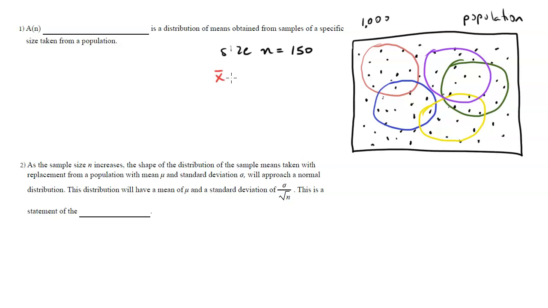So let's call it X bar 1, the mean of all 150 people, the mean amount of hours they spend per week on coursework. Let's say they spend 40 hours per week. And then the second one, X2 bar, the second sample mean, let's say they spend 52 hours per week on coursework.